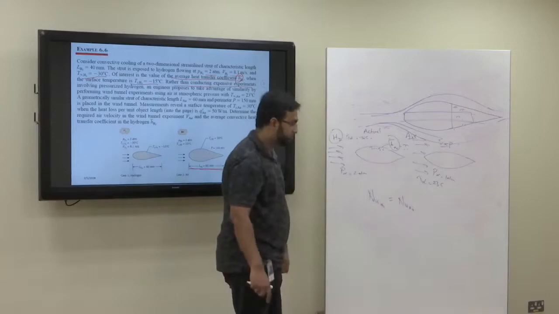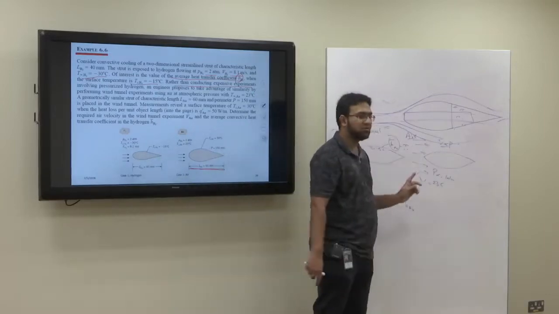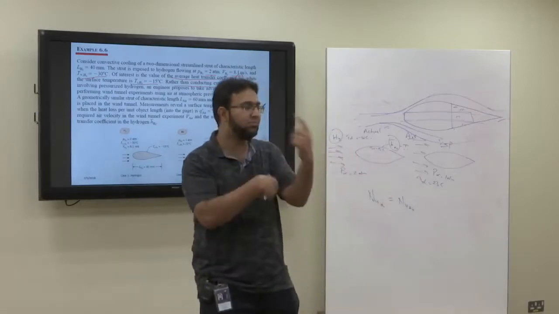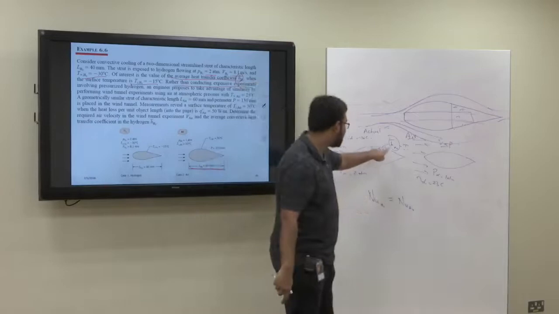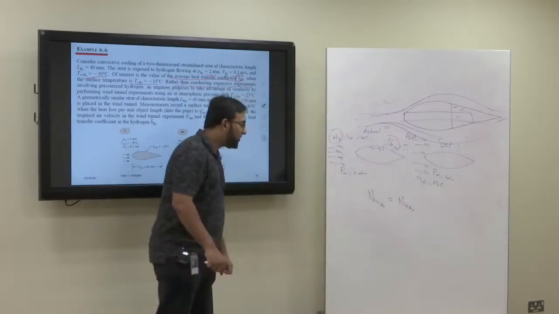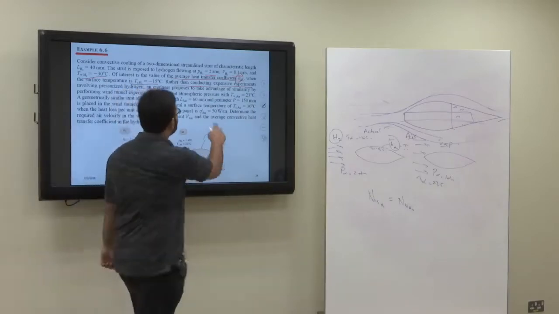So we need to make the Nusselt number for the two cases equal. If we make them equal, then we can apply similarity and find out H for this case.